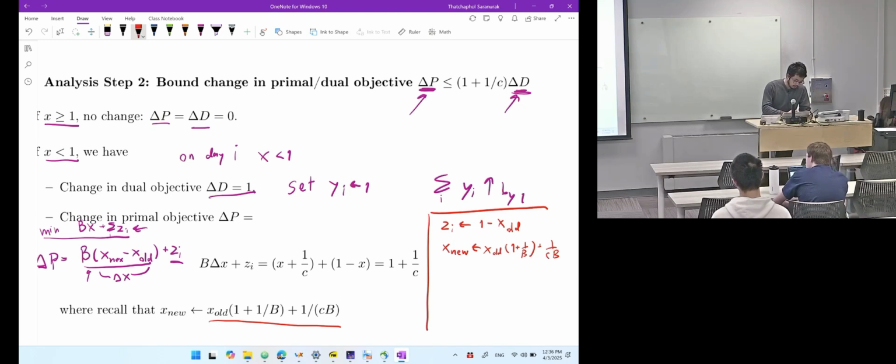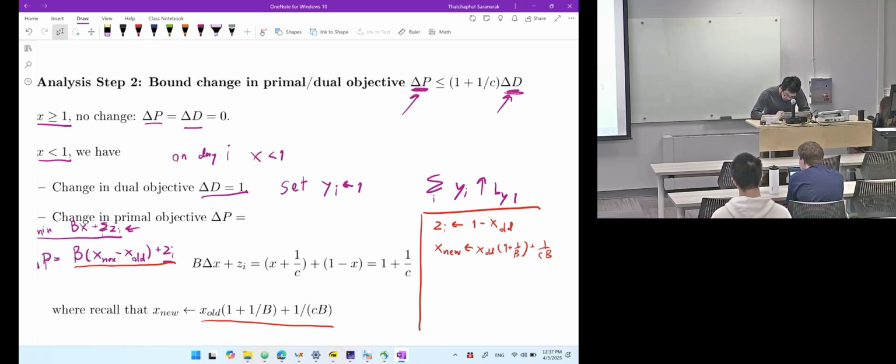So we can just analyze how big this thing is. It's now just calculation. So b times x new minus x old is just b times x old over b plus 1 plus c over b.